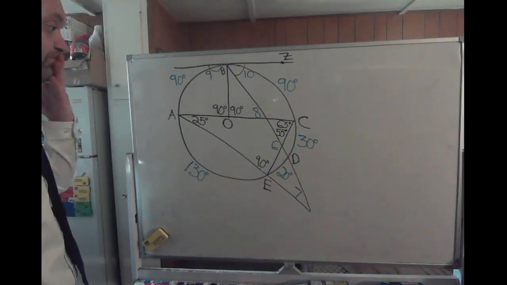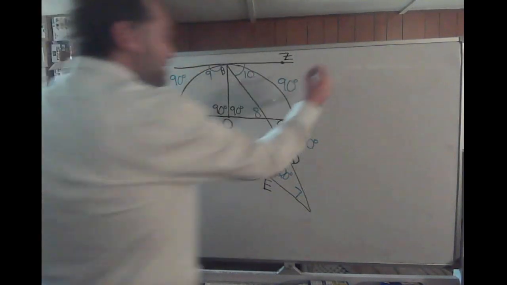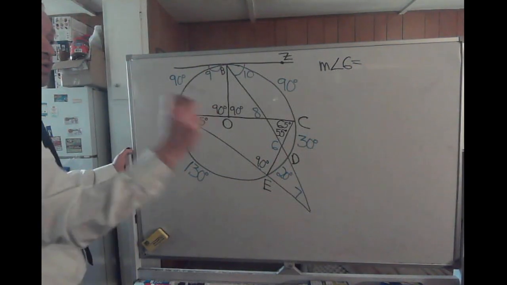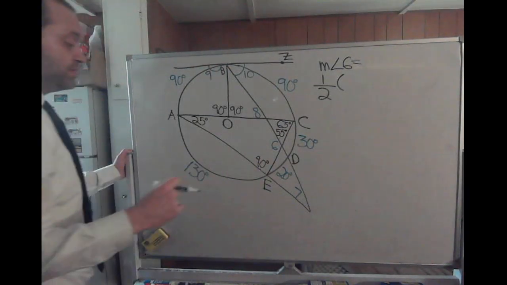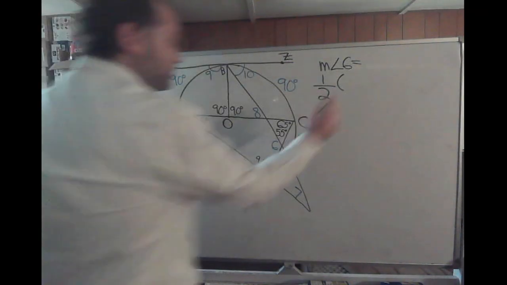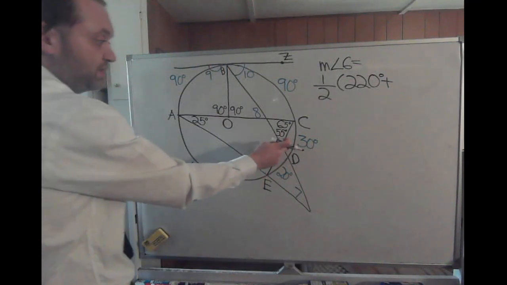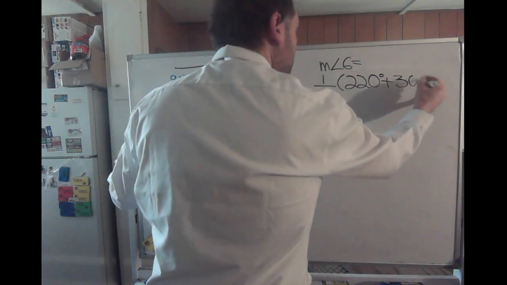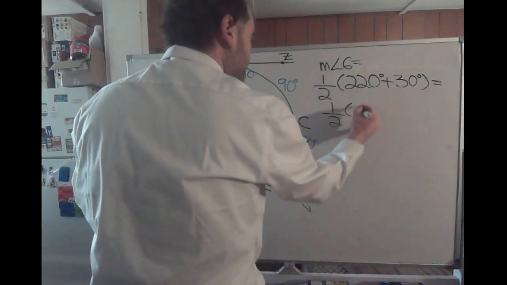So, in order to find the measure of angle 6, which is what we want to find, since it's an angle formed by two chords intersecting, that's going to be equal to half of the arcs it intercepts, which would be the 90 plus the 130, so that'd be half of 220, plus then, of course, the 30-degree arc, which it also intercepts, which would mean it's equal to half of 250 degrees.